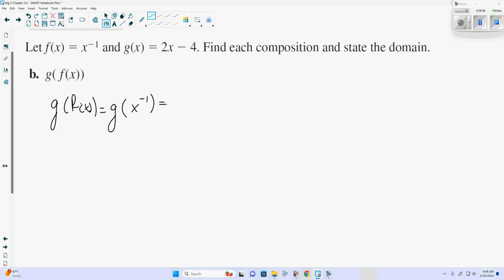Now our g of x to the negative 1. Questions? Okay. That was our last one. Right here. Yep. Any other questions on this so far? We're good with this here.